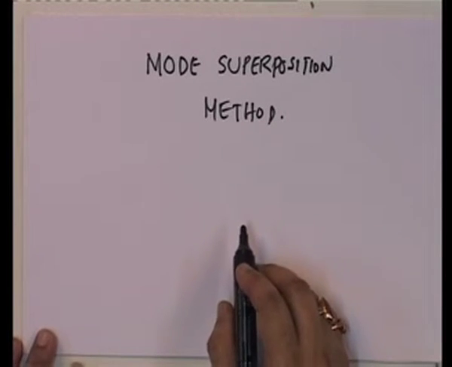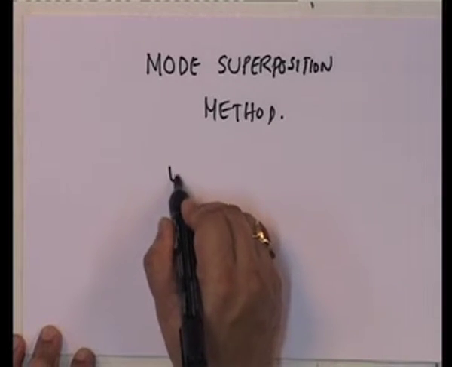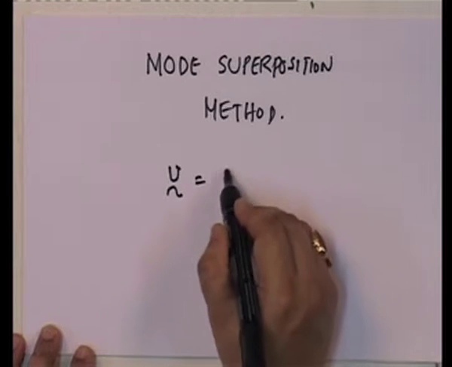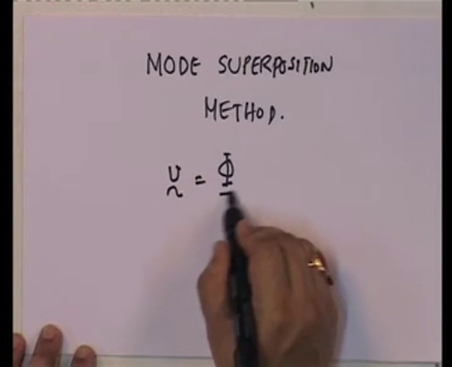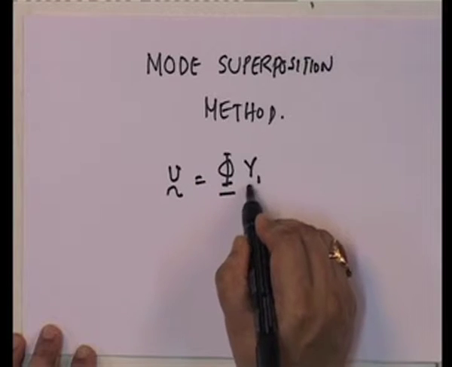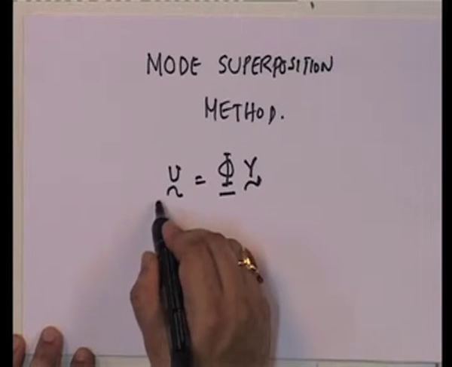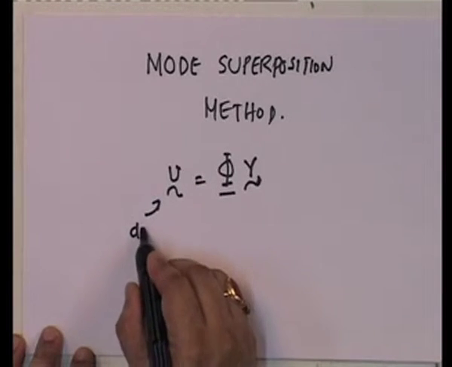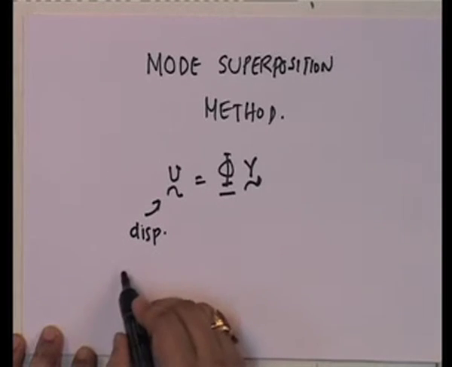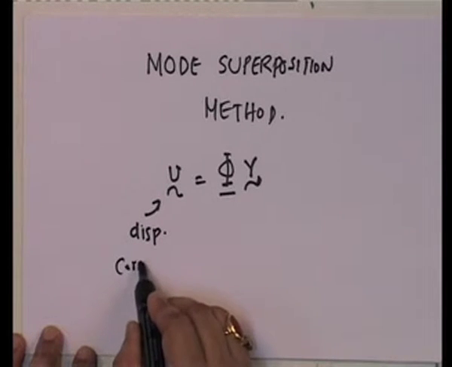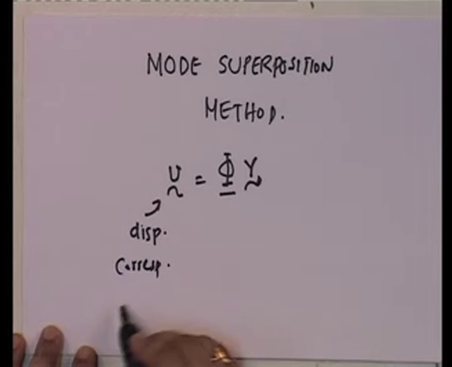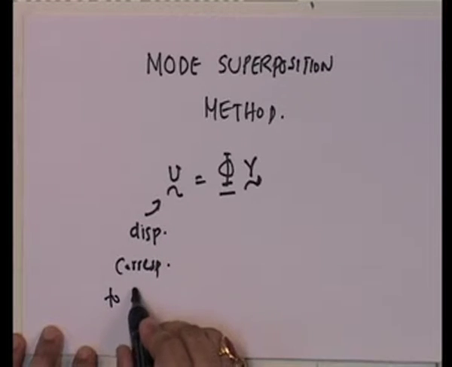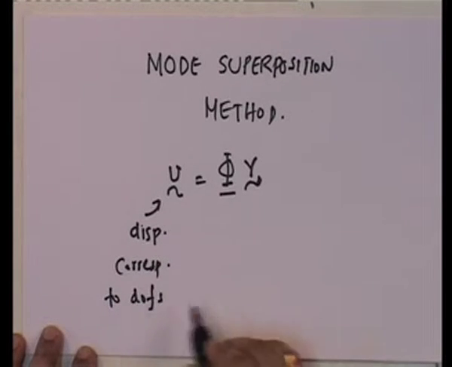The mode superposition method is based on the fact that V equals phi into y, where these are displacements corresponding to degrees of freedom.